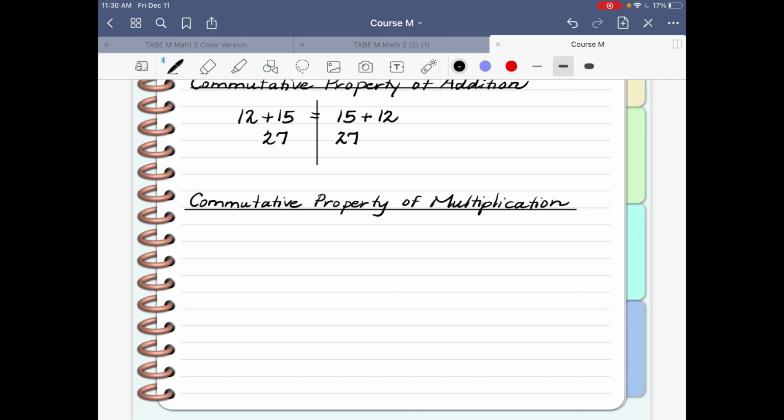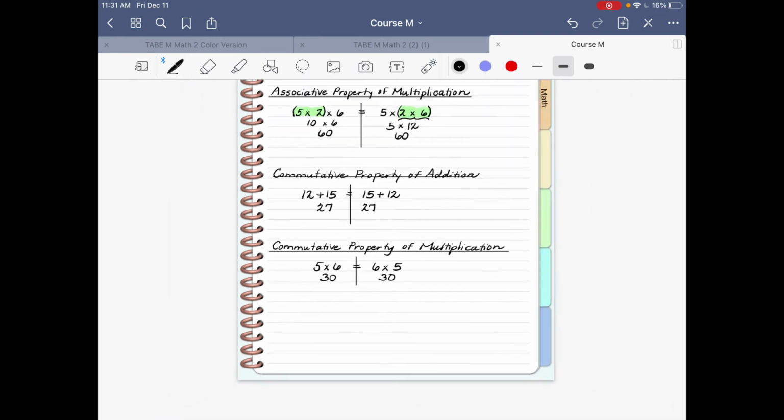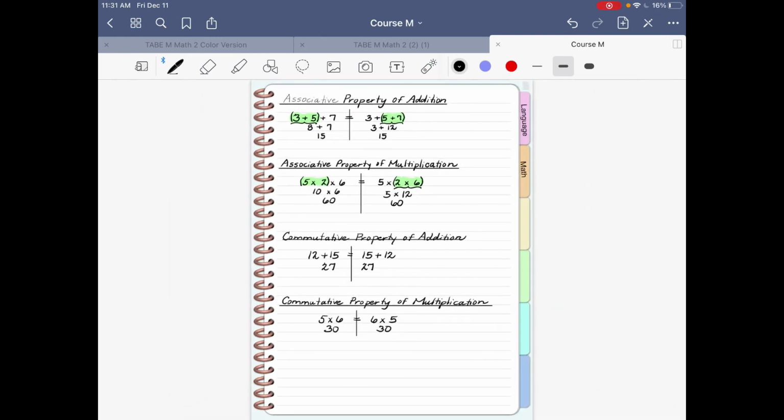And for this one, let's do 5 times 6, which is 30, is exactly the same answer as 6 times 5. It doesn't matter about the order because you are building up. So there are some real life examples of those properties.